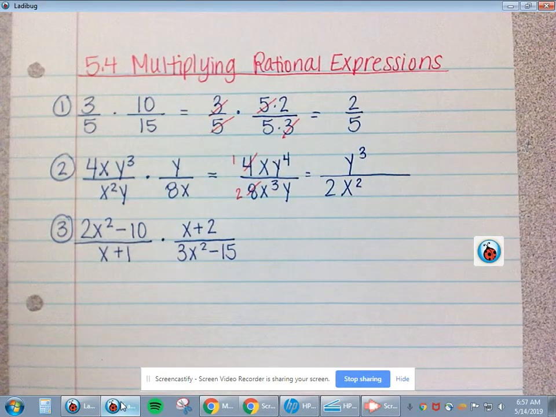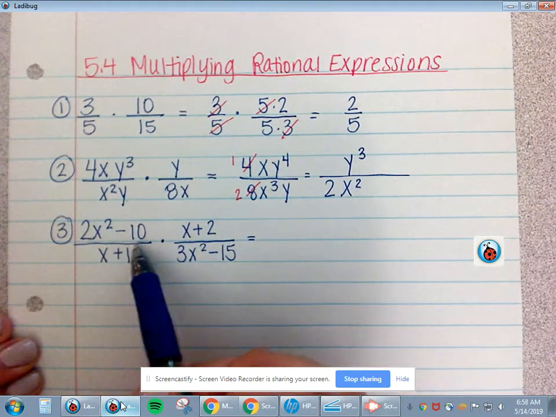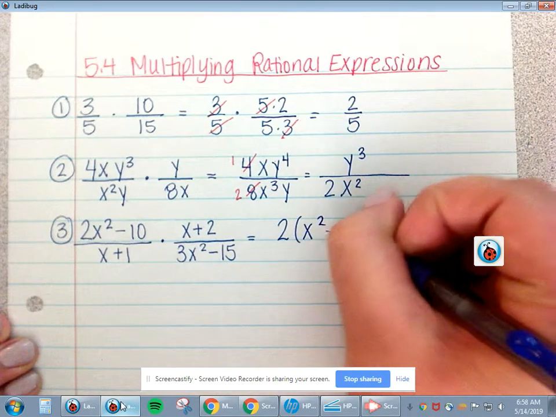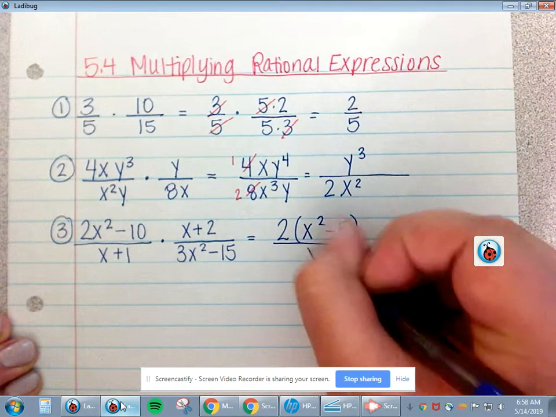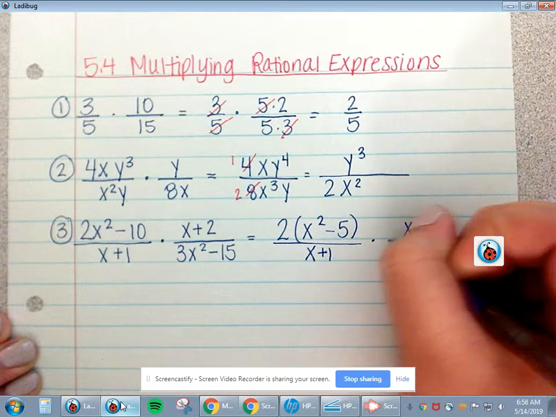Our next one, we've got 2x squared minus 10 over x plus 1 times the quantity x plus 2 over 3x squared minus 15. So same thing, we're going to factor top and bottom. On 2x squared minus 10, I can factor out a 2. The bottom was already factored, and the top on this one was also already factored.